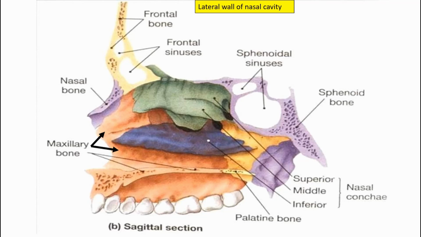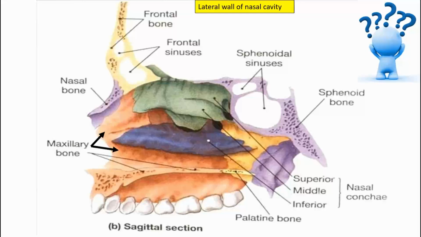What is this view? This is the lateral wall of a nasal cavity, and what do I see? I see this dark blue bone, a separate bone attached to the maxilla, which is the inferior turbinate bone or inferior concha, and upstairs you can see these green structures.